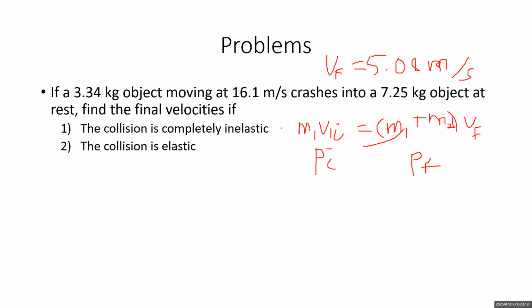Now, if the collision is elastic, they're going to bounce off each other and conserve kinetic energy. We have an equation for momentum here: M1 V1 initial. Now M2, again, the velocity is still initially 0, but they're going to bounce off each other this time.